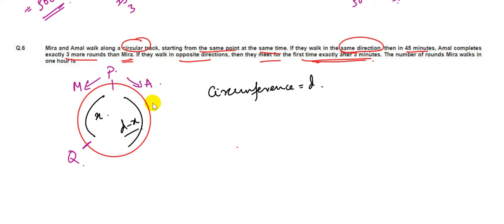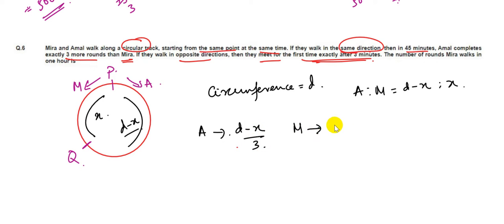So therefore, the ratio of speeds of Amal and Meera would be d minus x is to x. Now, they meet in 3 minutes. That means Amal's speed is d minus x by 3 and Meera's speed is x by 3. So these are their individual speeds.